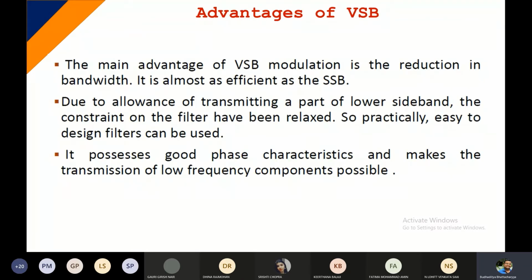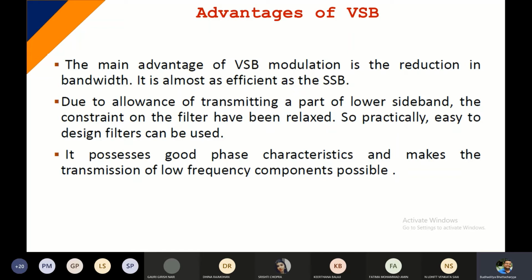Coming to VSB, the one that we have discussed right now, the main advantage of VSB is the reduction in bandwidth compared to DSB-SC, and it is almost as efficient as SSB. It's not exactly comparable. And as I said already, around 25% more bandwidth is required for VSB.